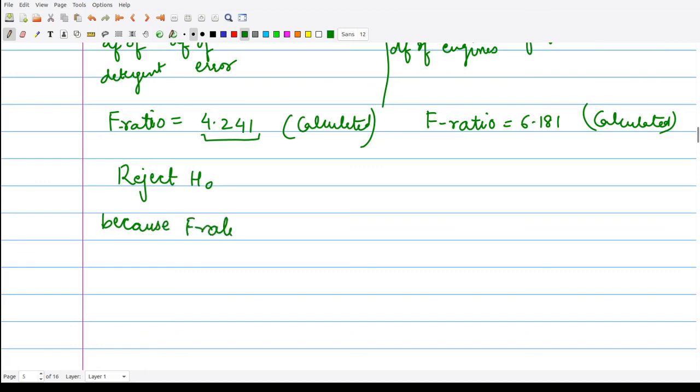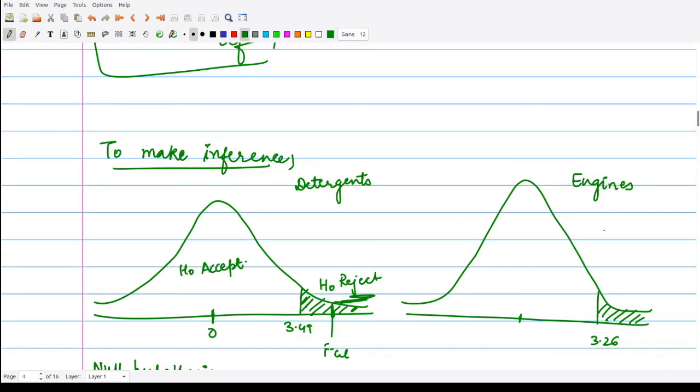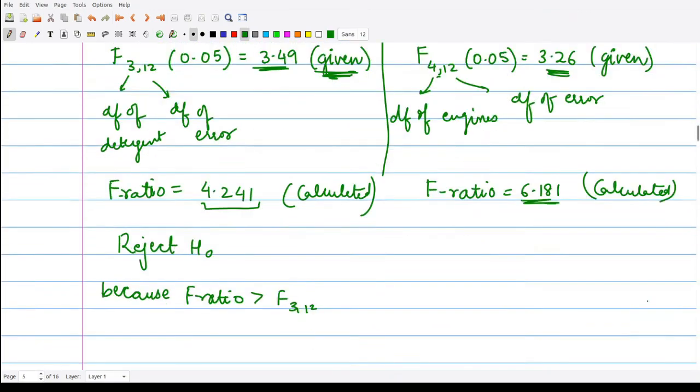So in this case, we will reject H naught because our F ratio is greater than F 3,12, and in this case your value is 6.181. So 6.181 again lies somewhere here, right? So this is also lying in the critical region.